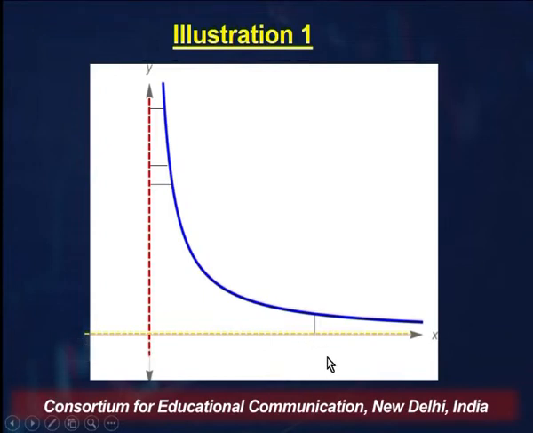You can see here also that the distance between the graph and the asymptote becomes smaller and smaller as we move horizontally along this graph and away from the origin. So the distance tends to 0. Yes, in this case, you don't see the graph touching the axis anywhere. So this is as far as the first illustration goes.